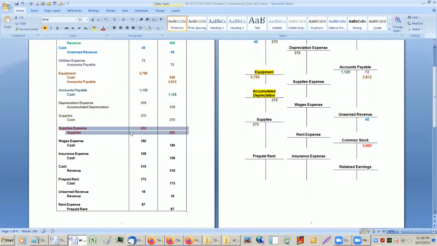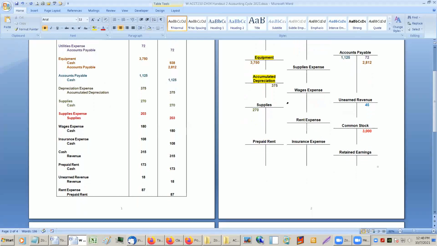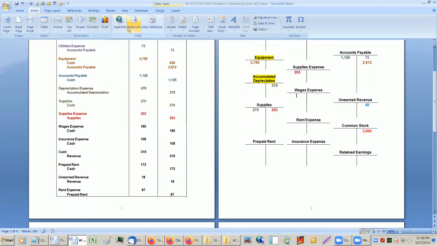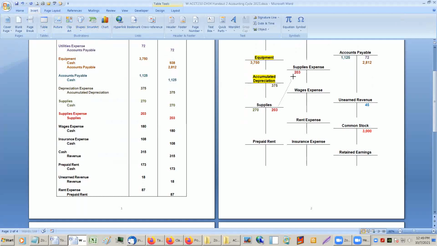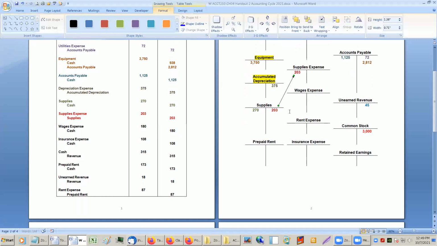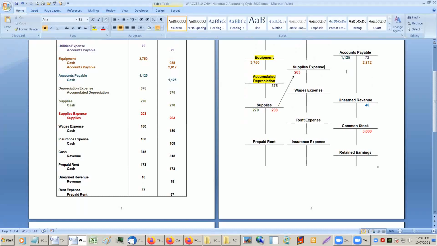Okay. So this one is a little bit, well, we haven't really covered it. So this will be 203. And so these are the supplies that are used.